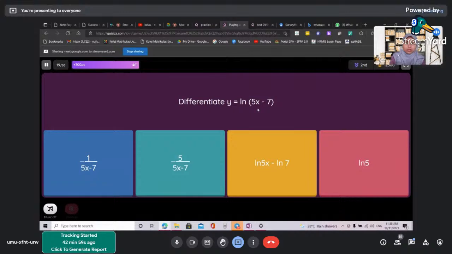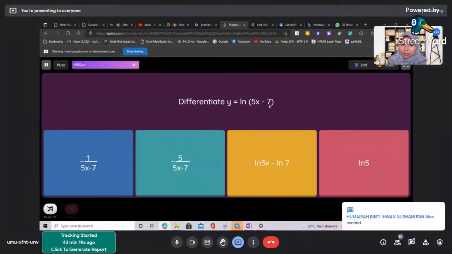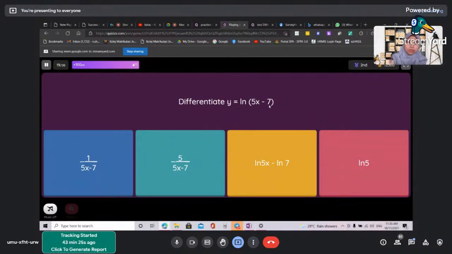For this is the basic. The function inside the ln, you don't have to transform, you don't have to use the law of log. You just differentiate. So the answer is number 2. Okay, everyone agree? Number 2. Yes. Okay, number 2.